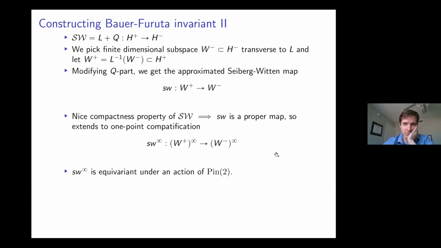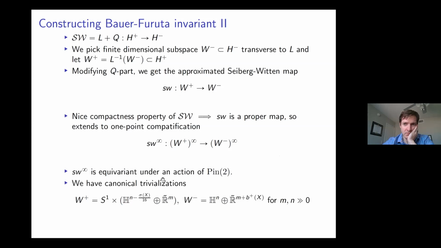So this approximated map is equivariant under the Pin(2) action. Moreover, both the domain and the target bundles have a canonical trivialization. It's just S¹, a trivial bundle, S¹ times this representation space. And W⁻ also has a canonical trivial identification with this specific representation space.